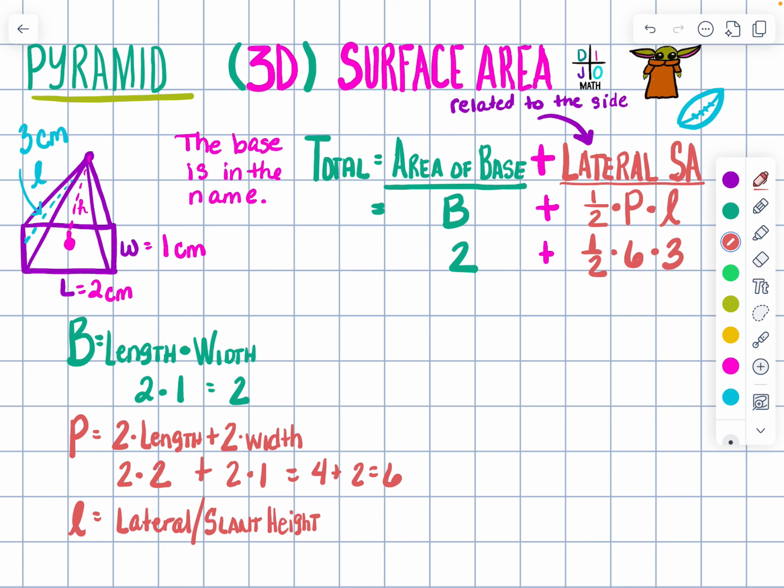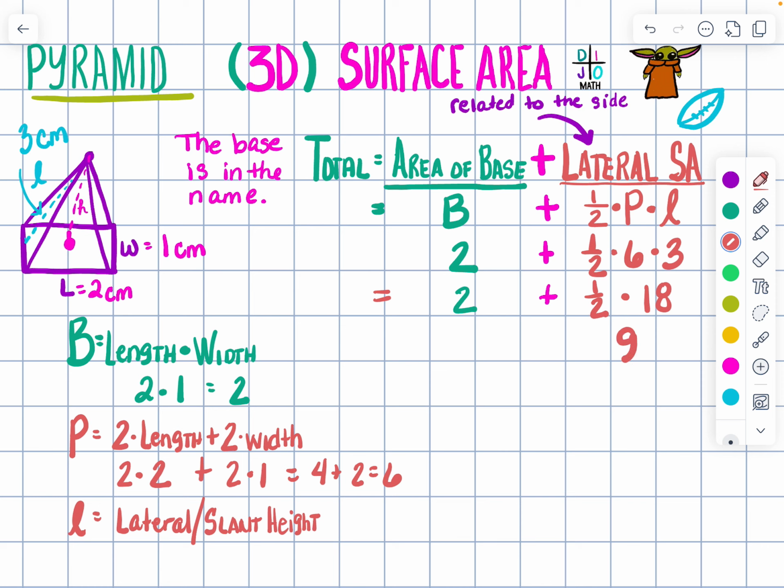Okay, now let's rewrite. So we've got 2 plus 1/2, let's see, 6 times 3 is 18, so let's put that in there. I like to do this one piece at a time, and it gives me a roadmap when I go back and check if I think I made a mistake or just want to check it, okay? So let's go ahead and figure this out. 1/2 of 18 is 9.